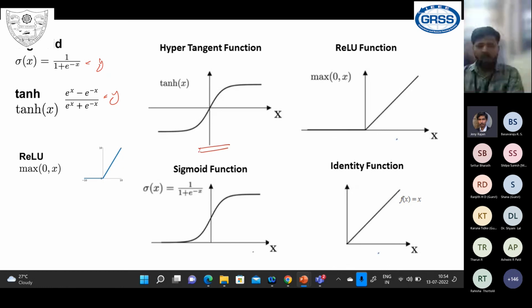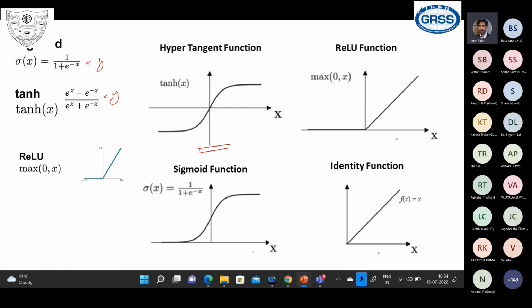The advantage of zero-centered functions is that the derivative can move in both directions, positive and negative. So if you use TANH, then your TANH neuron can learn faster than a sigmoid neuron because TANH is zero-centered. The other advantage of TANH is that the derivative of TANH is higher than the derivative of sigmoid. So TANH neurons learn faster than sigmoid neurons.